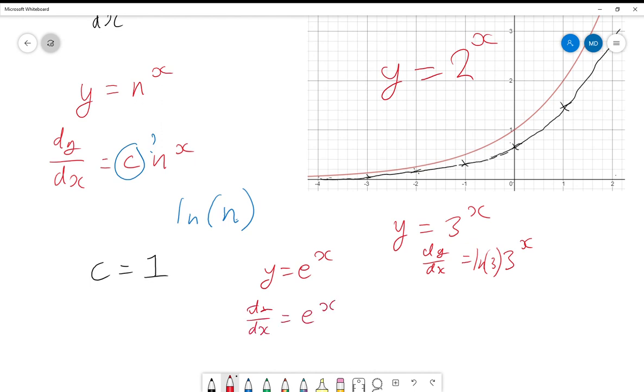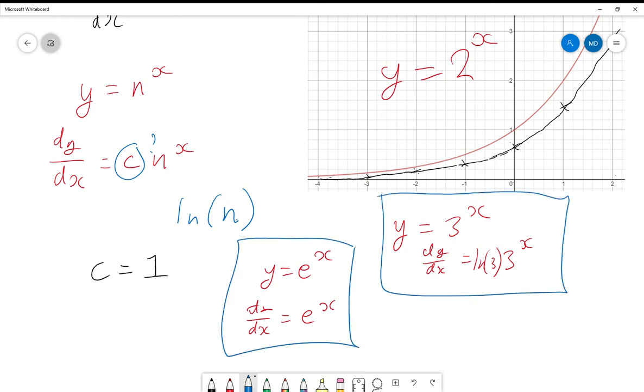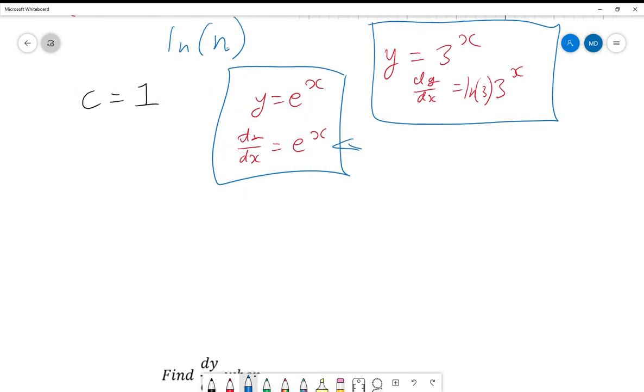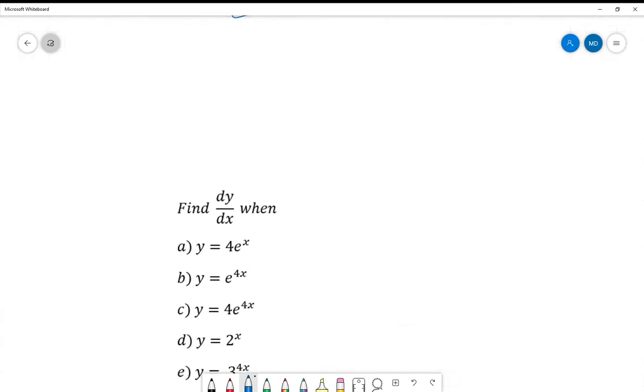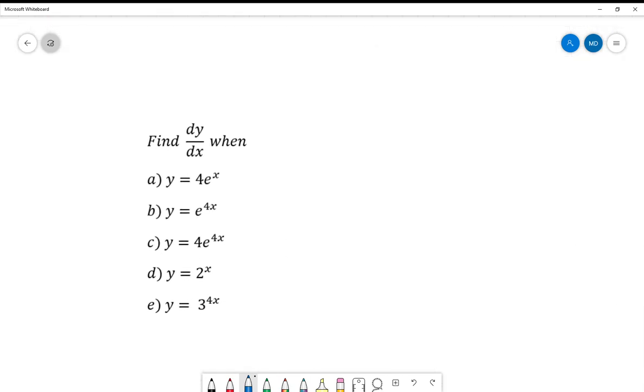This is the key function that differentiates always to itself. And if you're asked for a function that always differentiates to itself, this is the function. And it's pretty much the only non-trivial one within some key conceptual bounds, which we're not going to get into right now.